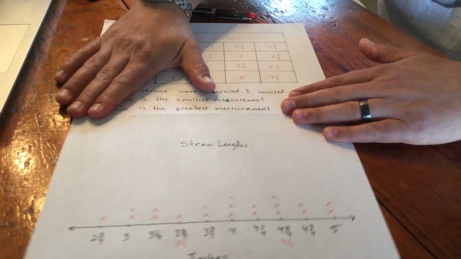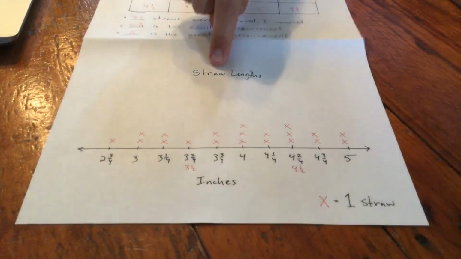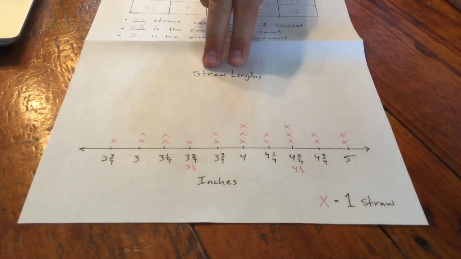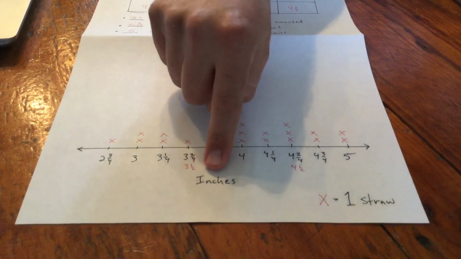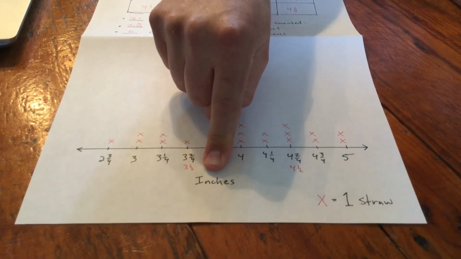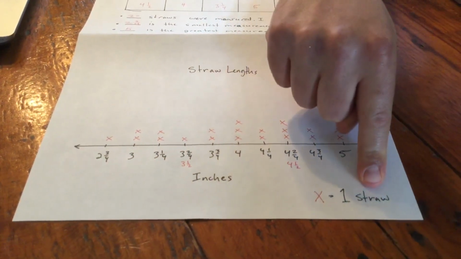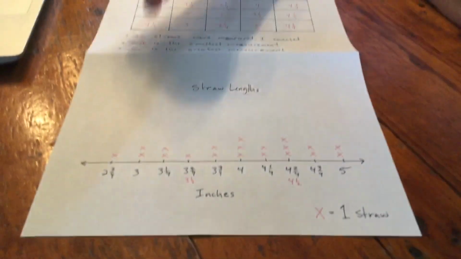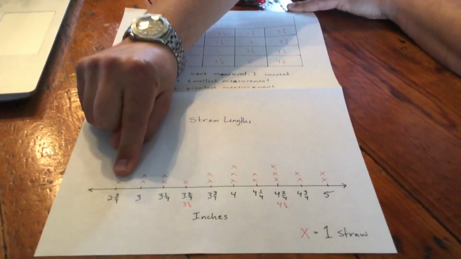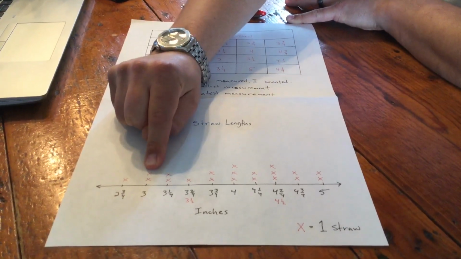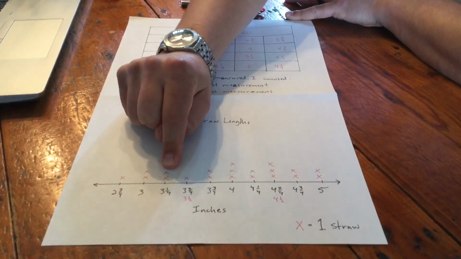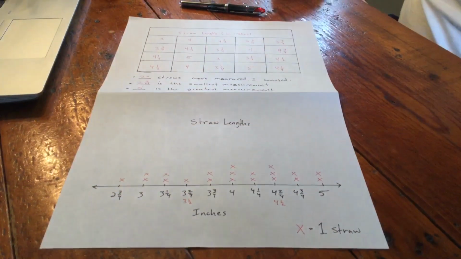If I turn this into a line plot, I keep my title the same, straw lengths. My numbers are all placed down here, and I know these are measurements of inches. Each X represents one straw, and if I look at my chart, one straw measures 2 3/4 of an inch. 2 straws measure 3 inches. 2 straws measure 3 1/4 inches, and so on.